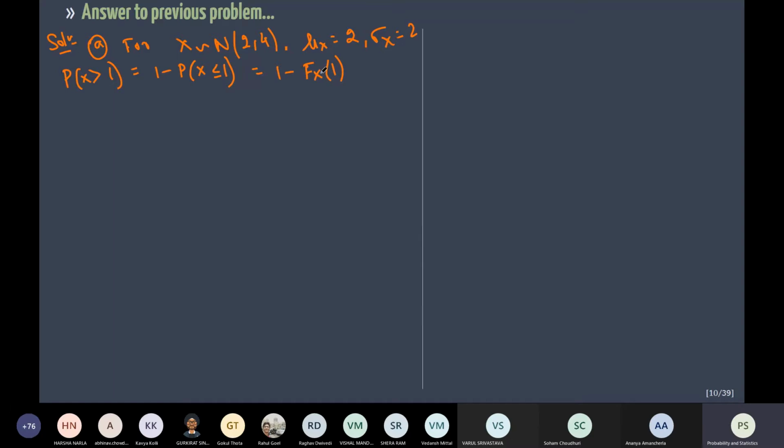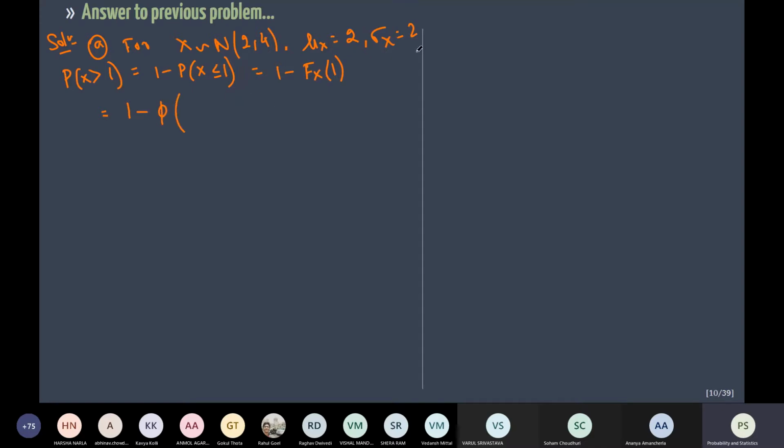We can write this using the phi function, but the phi function is defined for the standard normal, so we need to change this. I can use the phi function, but I have to do the proper scaling.